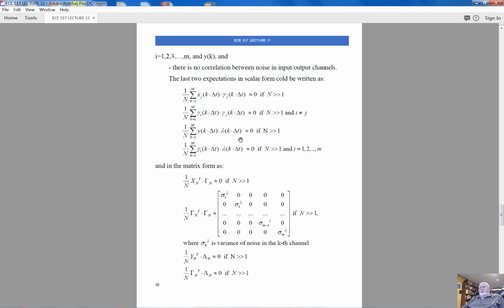Again, it is expected that this covariance coefficient will be zero, providing that the number of observations is sufficiently large.